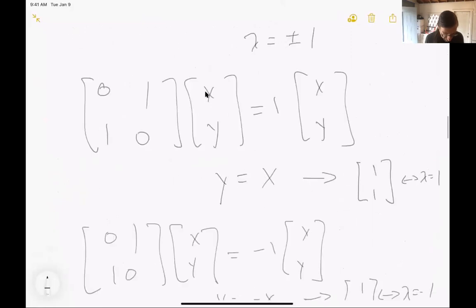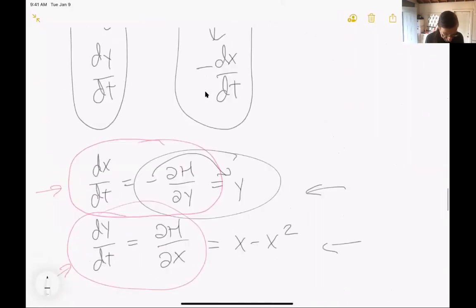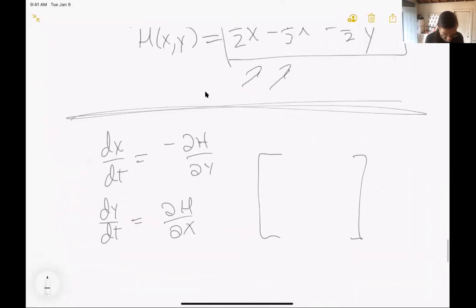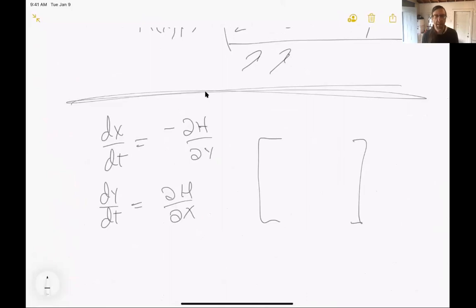How do I find the top left entry of those equilibrium points? What goes here? Is it the second partial of h with respect to, well, first it would be with respect to y and then x.